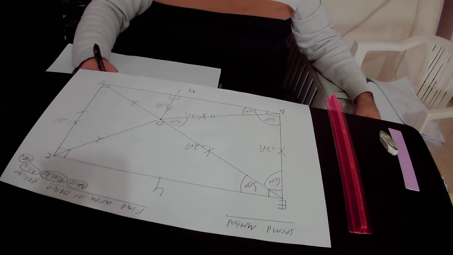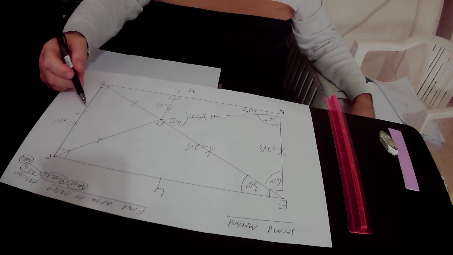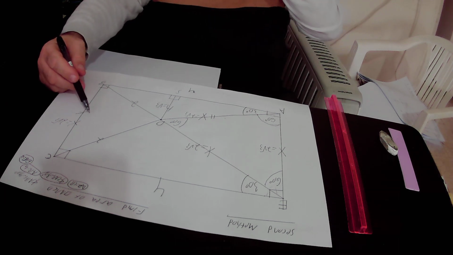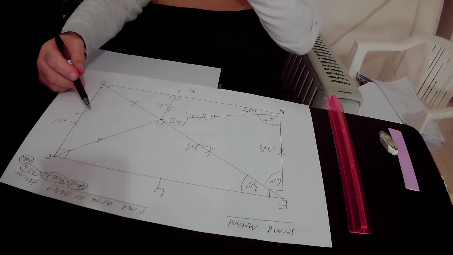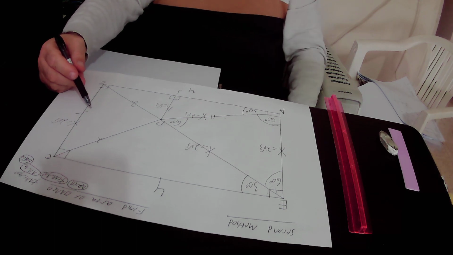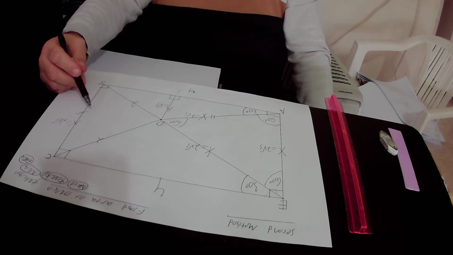So we'll use a special formula in order to find out the area of this triangle, triangle BCD. First of all, we will calculate the semi-perimeter of triangle BCD. The definition of the semi-perimeter of the triangle is the sum of its sides over 2.